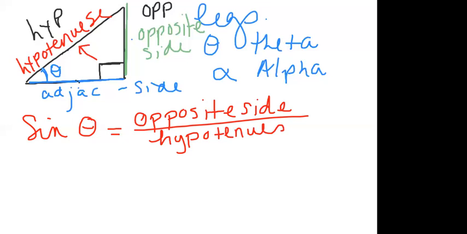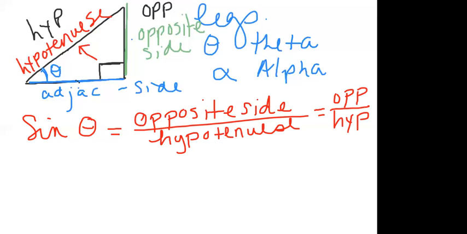So once again, sine is defined as the opposite side away from the angle over the length of the hypotenuse. You can abbreviate that to opposite over hypotenuse.